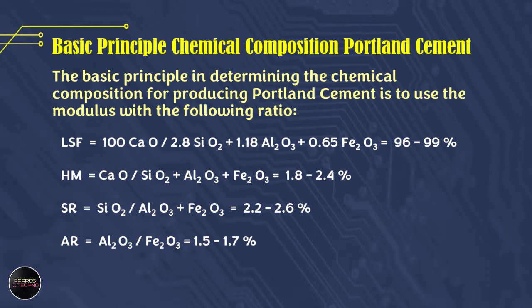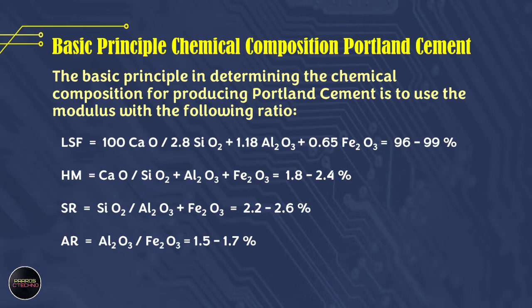about 96 to 99%. HM or hydraulic modulus is CaO divided by SiO2 plus Al2O3 plus Fe2O3, about 1.8 to 2.4. SR or silica ratio is SiO2 divided by Al2O3 plus Fe2O3, about 2.2 to 2.6.